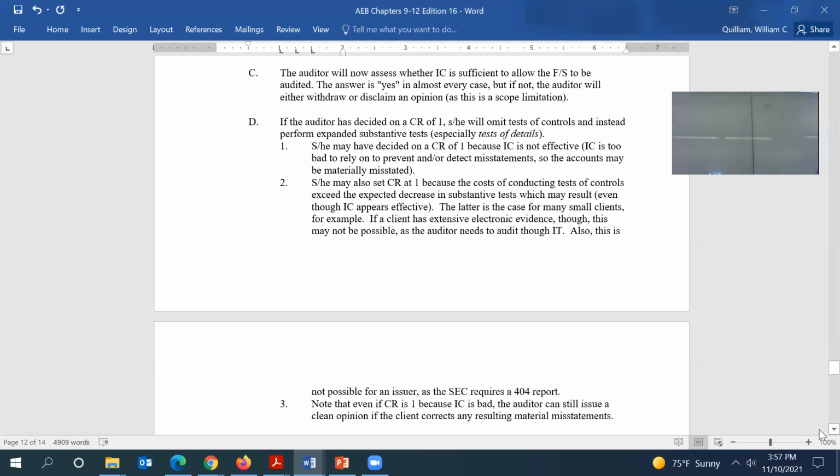But if we didn't find out about it then, now it's time to reject the client. Technically, we could say we have a scope limitation and issue a disclaimer of opinion. That would be even rarer. So usually withdraw from the client, although I hope we never run into this problem.